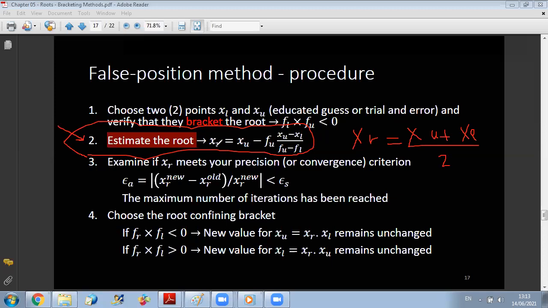All other steps are the same. So once you compute the root, you should verify if your convergence criterion is satisfied or not. So you should compare xr new with xr old to find the approximate error, in case your criterion of convergence is satisfied, or in case you reach the maximum number of iterations allowed. Sometimes they can give you two criteria.